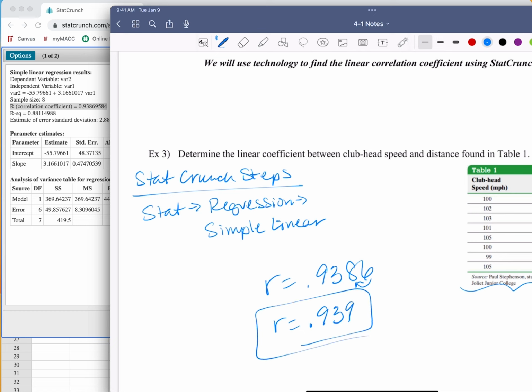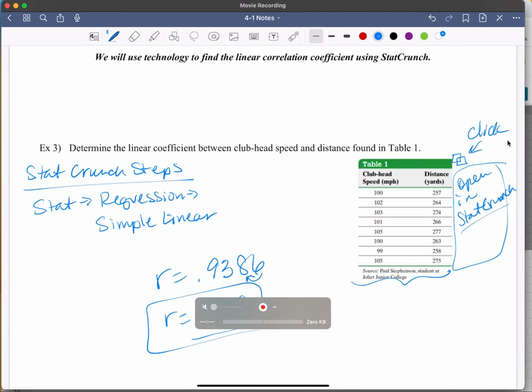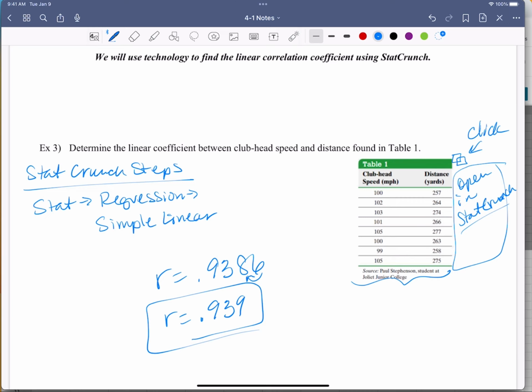Now, think about this for a second. Is this going to be a positive or a negative regression? Positive, right? Because my correlation coefficient is positive. That tells me my data are all clustered together going up in that positive direction.